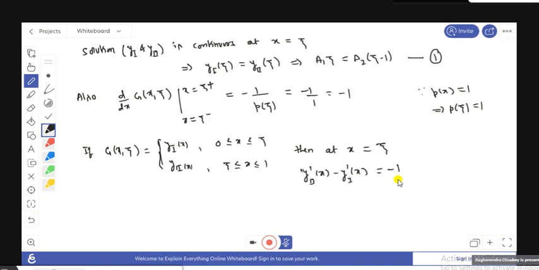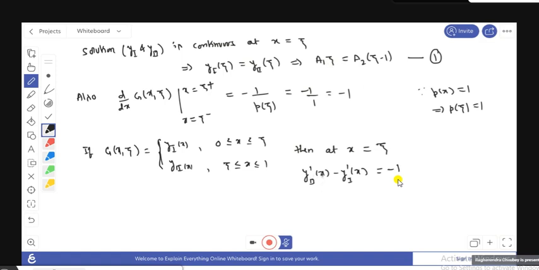So from this, equal to minus 1, using this we get this thing. And what are y2(x) and y1(x)? You know that y1(x) and y2(x) are defined by a1 x and a2 (x minus 1).